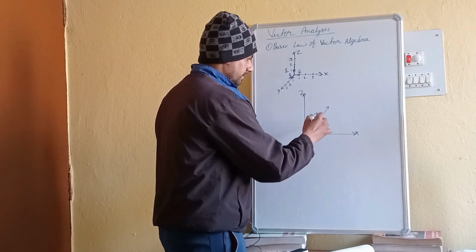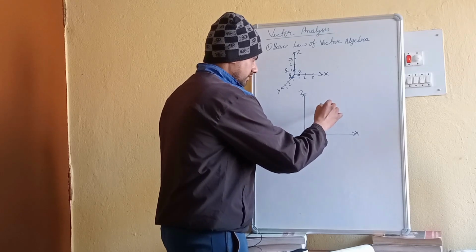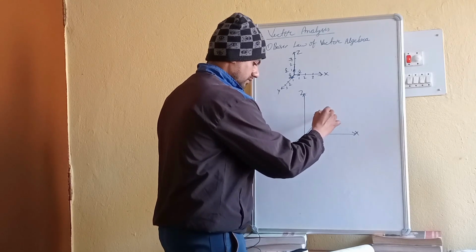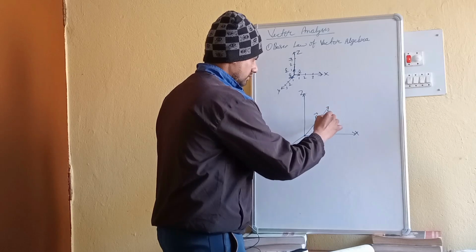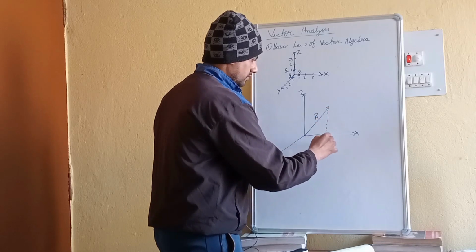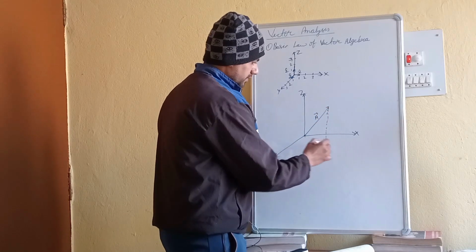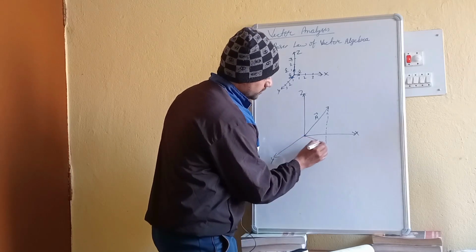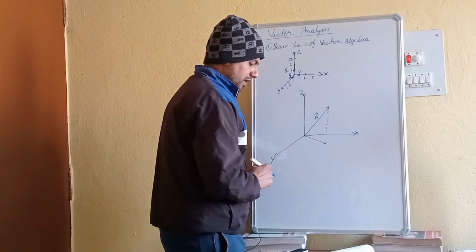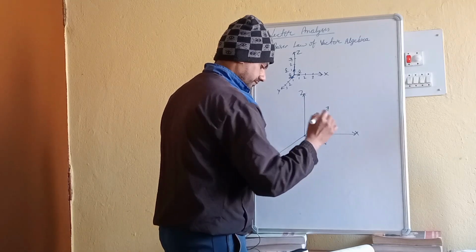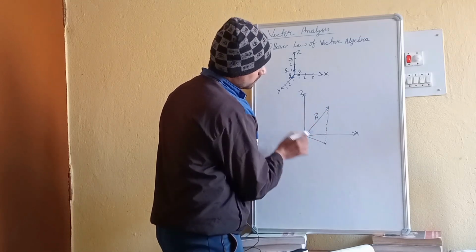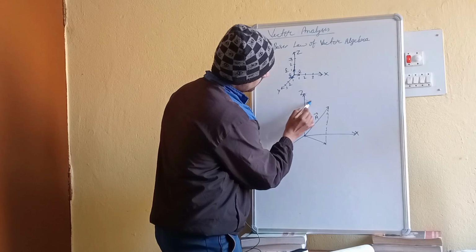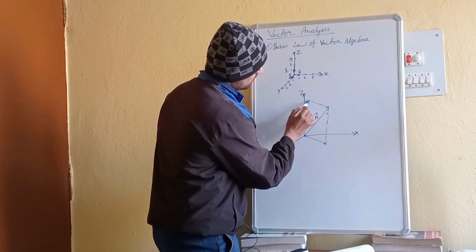So first of all, you draw a perpendicular, okay, so now here it is coming, then after what you have to do, you have to join, and then here, like this.